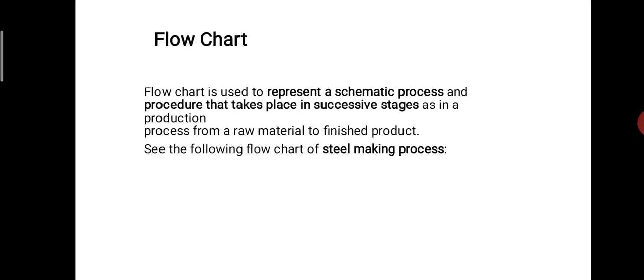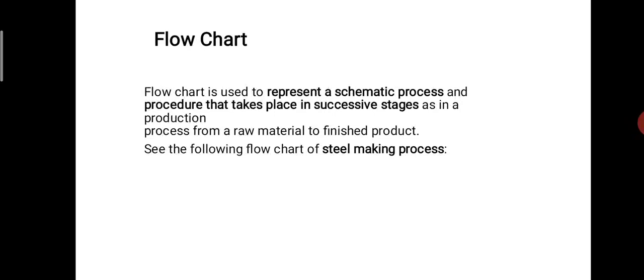See the following flowchart of the steel making process. Here you are going to learn how the information should be written down in the flowchart or any process with the help of a flowchart.